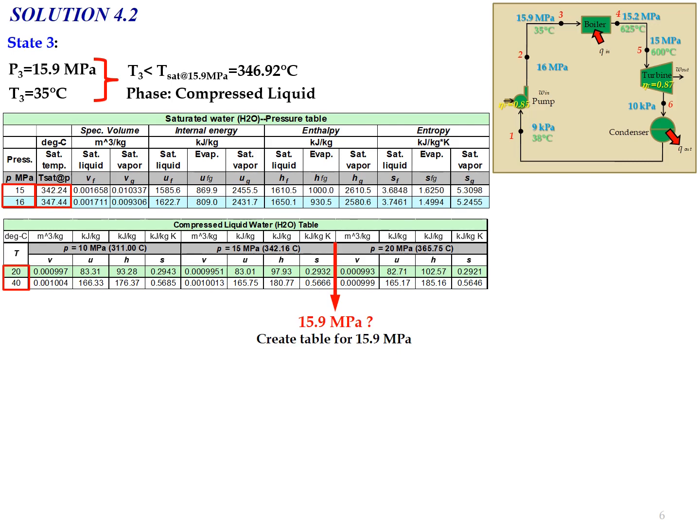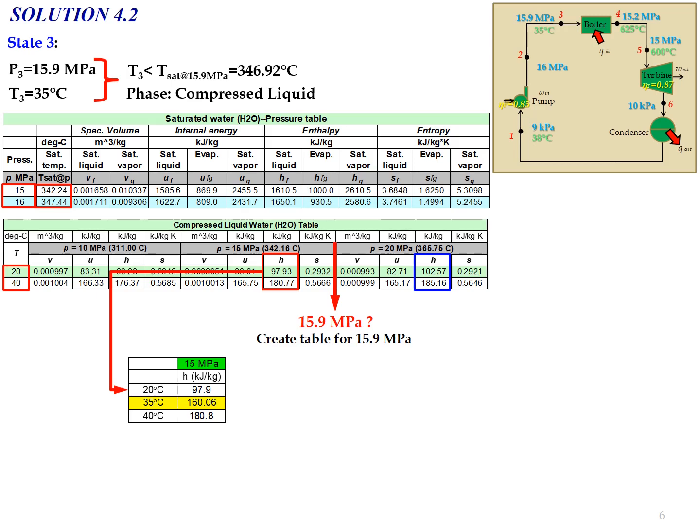So now we need to refer to the data in terms of enthalpy and entropy for temperatures of 20 and 40 degrees Celsius at pressures of 15 megapascal and 20 megapascal. By referring to the table, we can extract the enthalpy data for 15 megapascal and for 20 megapascal at temperatures of 20 and 40 degrees Celsius.